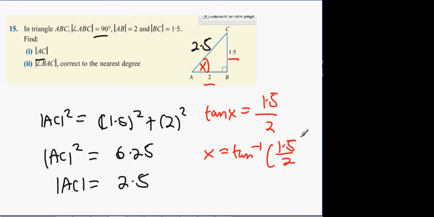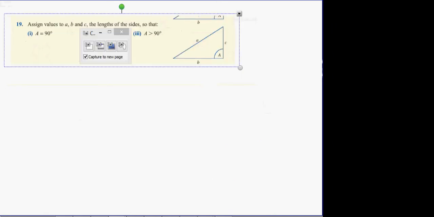What's tan inverse of 1.5 over 2? 36.86, thank you. Okay, 36.86 degrees. To the nearest degree, 37 degrees. Okay guys, these are very standard. This needs to be your bread and butter by the end of the day.